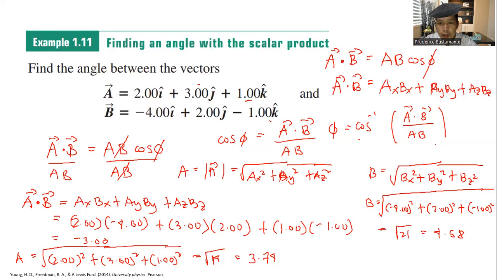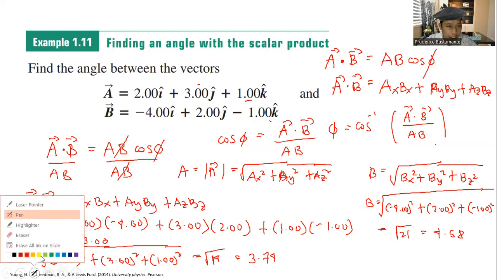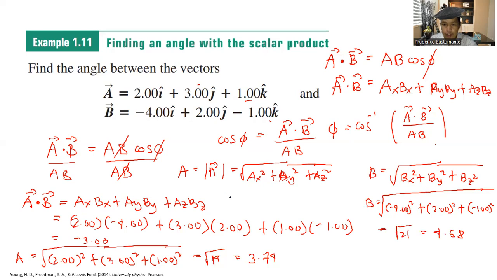So since we now have the values negative 3 and square root of 14, we can now get the angle theta. So theta is just equal to the cosine inverse. We know the A dot B is just equal to negative 3.0, over the square root of 14 times the square root of 21. You can also use these values here, this one or this one. So using shift cosine, we have negative 3 over the square root of 14 times the square root of 21.